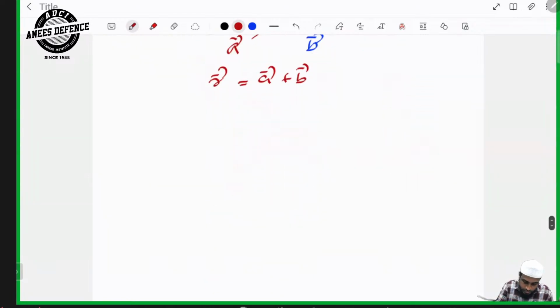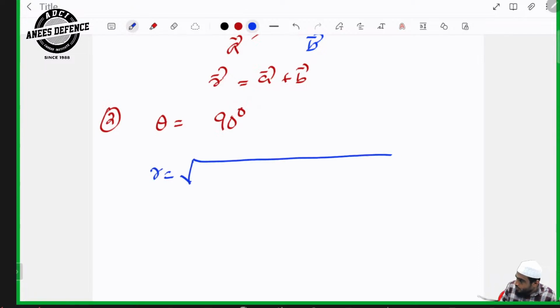Second case. Theta equal to 90 degree. So what is the resultant? R equal to root of A square plus B square plus 2AB cos 90. What is cos 90?